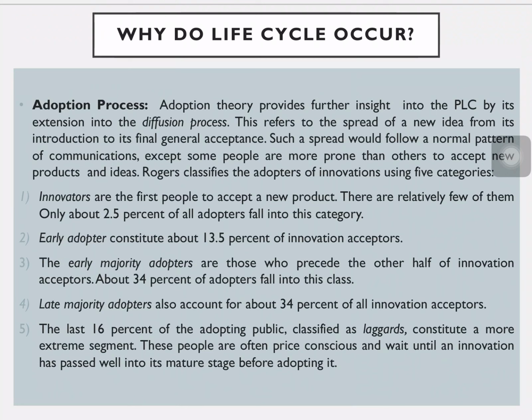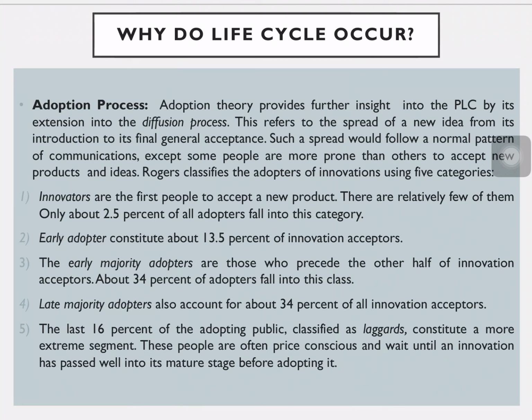Once the consumers are aware of the new product coming into the market, the consumer will try to adopt the particular innovation. Now the rate of adoption of innovation, or the rate of adoption of the new product in our case, will be different for different types of consumers. So this is basically the adoption theory.